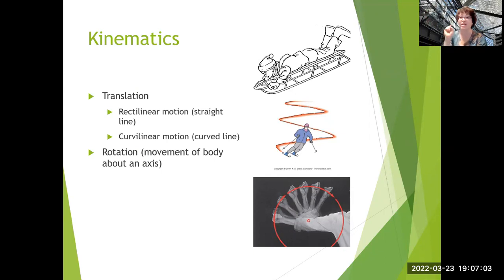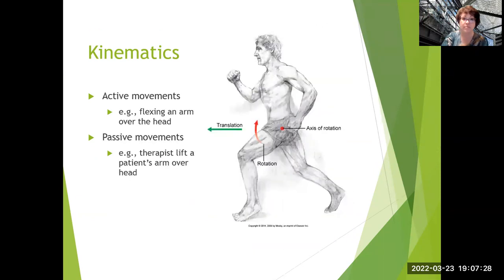It prescribes a curved path through space. And rotation is the movement of a body about an axis. Most of our joint movements are rotational movements. In the picture, the elbow is the pivot joint, that's the axis, and the rotation around that axis is the movement that we're talking about.